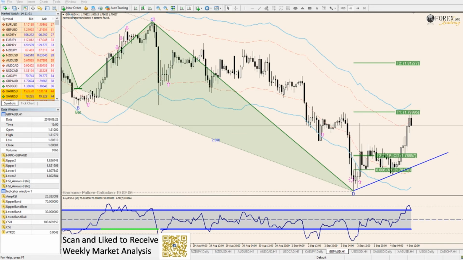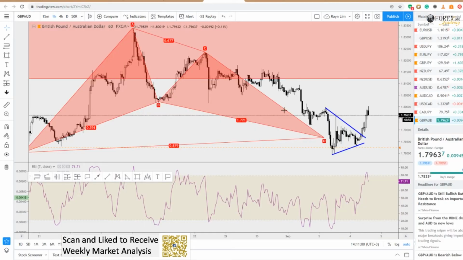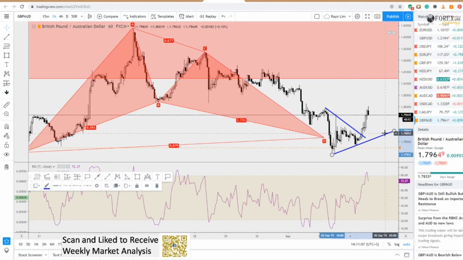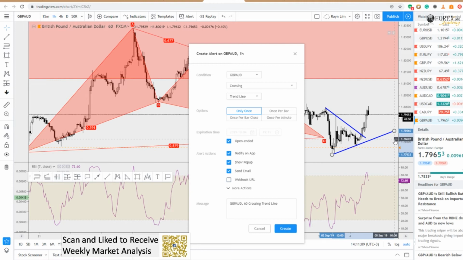So by having that, I will head back to TradingView. I know what I'm looking for. This is the profit trend line. I have to stretch it, right click. Pound Australia, H1, pattern, trend continuation, profit type 2 trade, profit trend line.